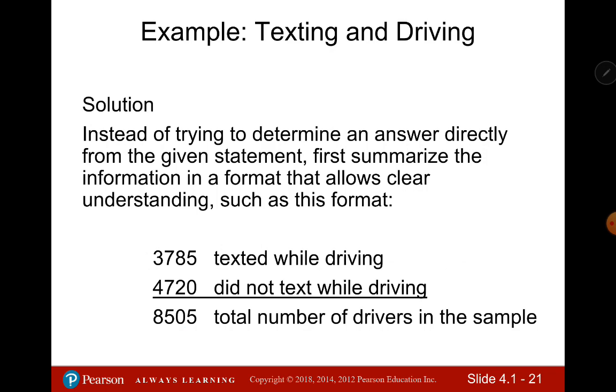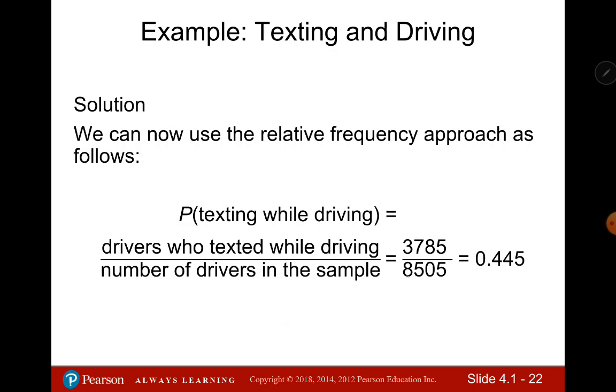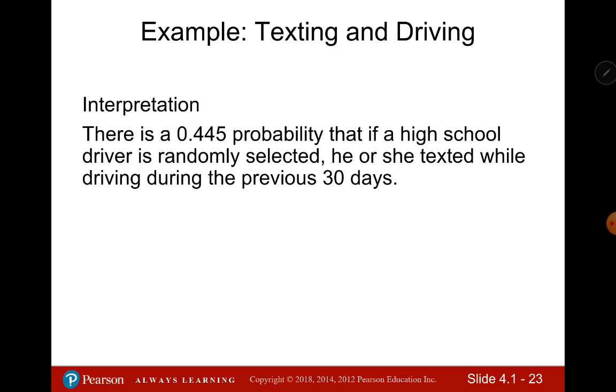First, we should get the total number of drivers in the sample, because that's our denominator. So this total number of who texted and who did not text is our denominator. So we will get 0.445, remember 3 significant digits, as our final result. So this is our conclusion, our interpretation. This is the probability.